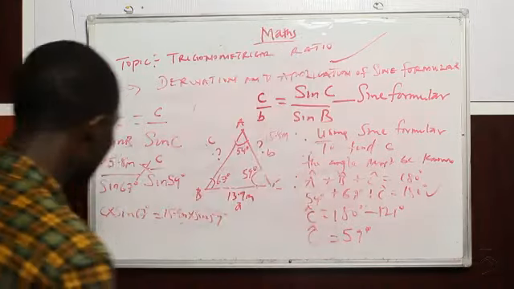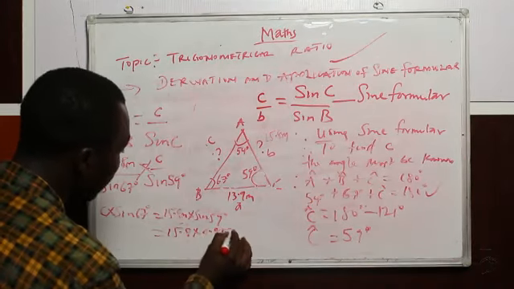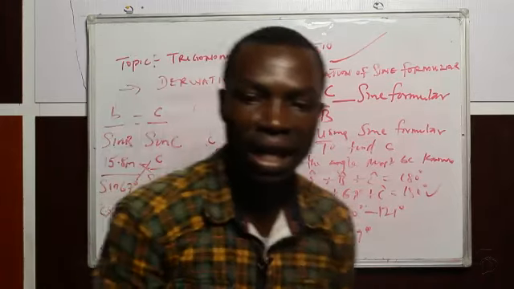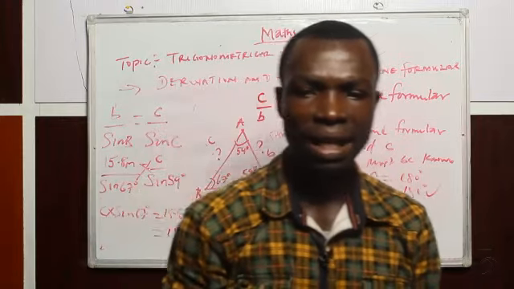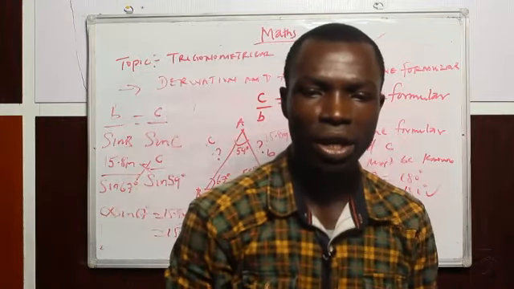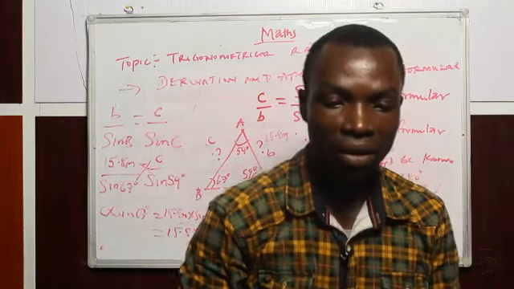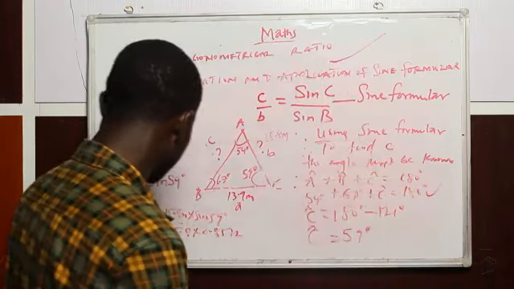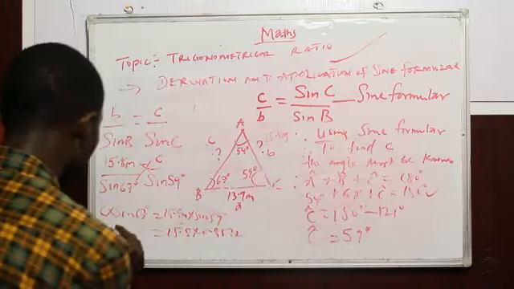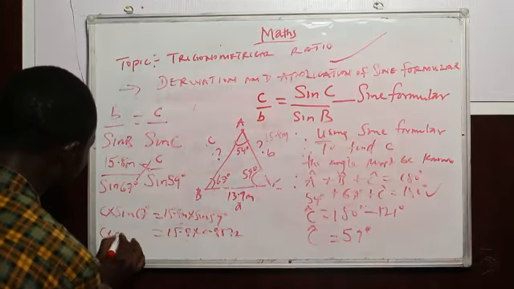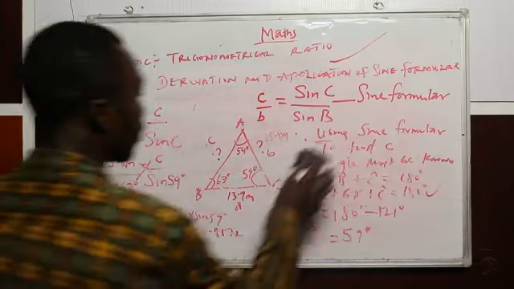And sine 67 degrees, as we considered earlier, is 0.8090. So c times 0.8090 equals 15.8 times 0.8572.